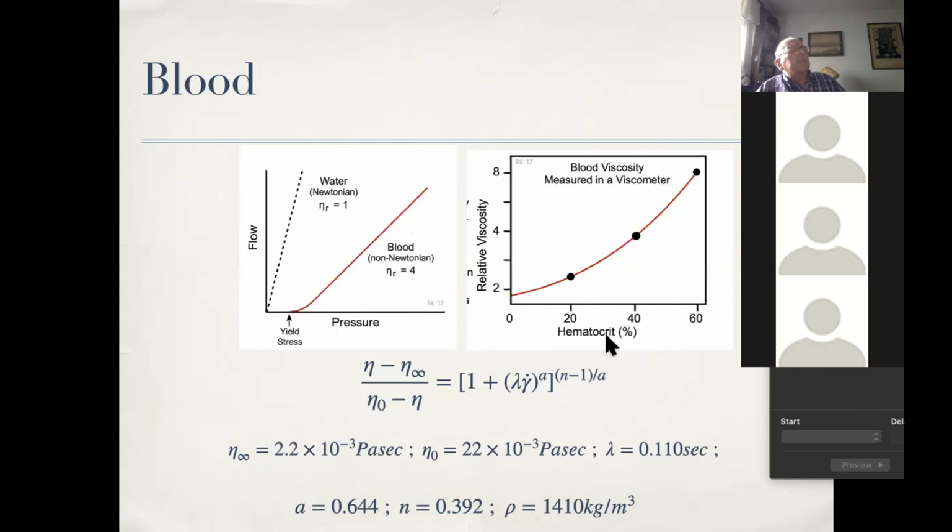The other property of the blood is that the relative viscosity depends on a parameter called the hematocrit. Hematocrit is the concentration of red blood cells in the total volume of the liquid. And as you see, the viscosity increases in a non-linear fashion with the change of hematocrit.